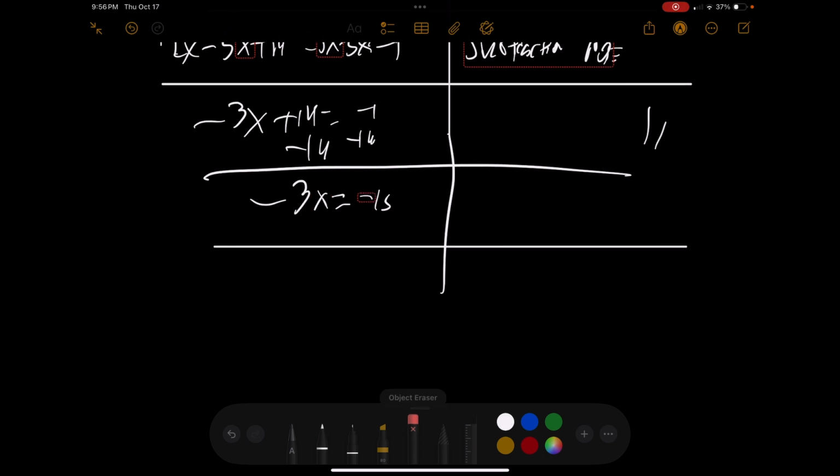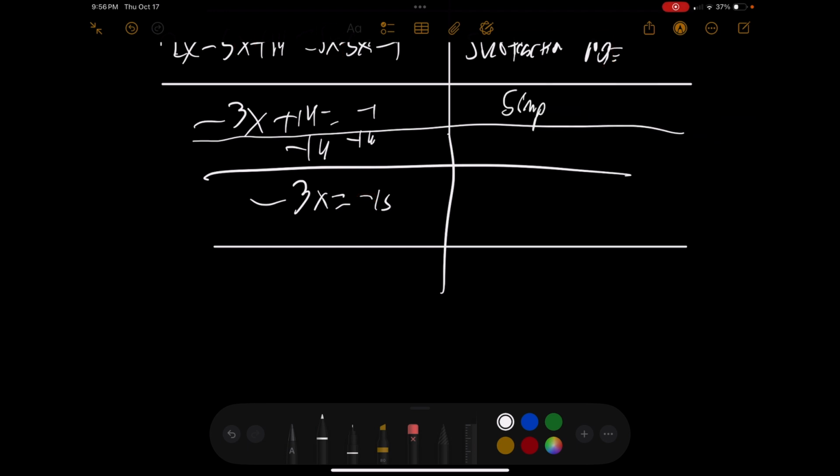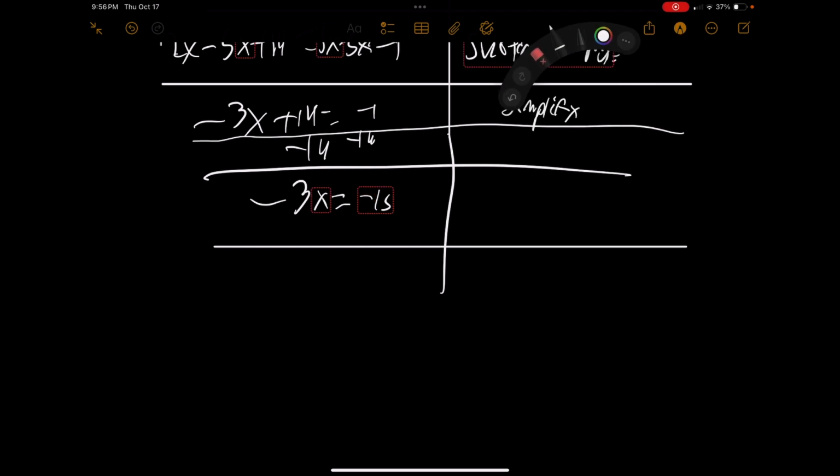Oh, I made a mistake here. So sorry. Let me write this out. This is simplifying, because we're simplifying it.